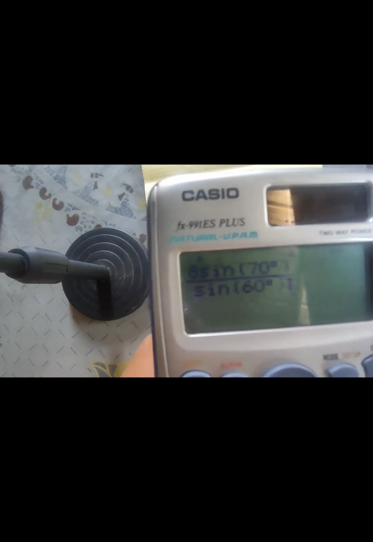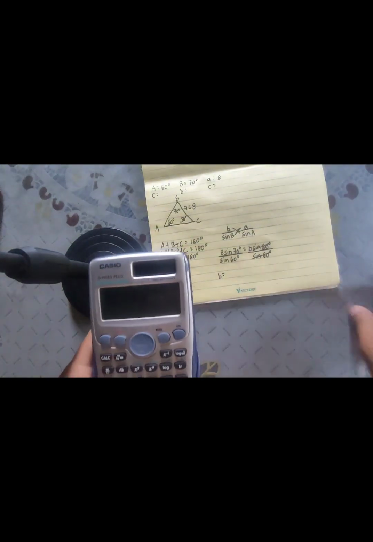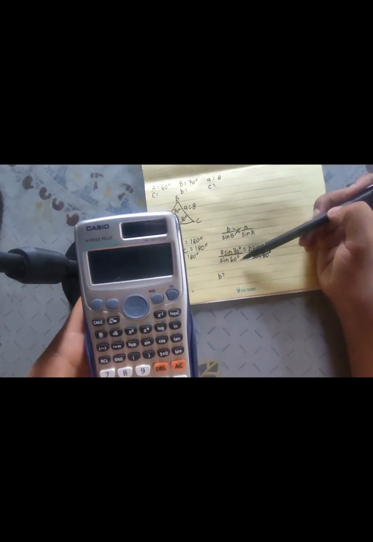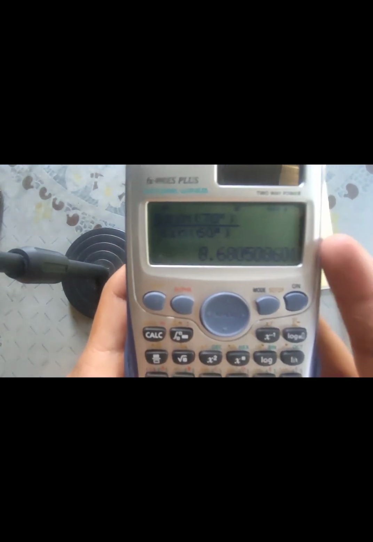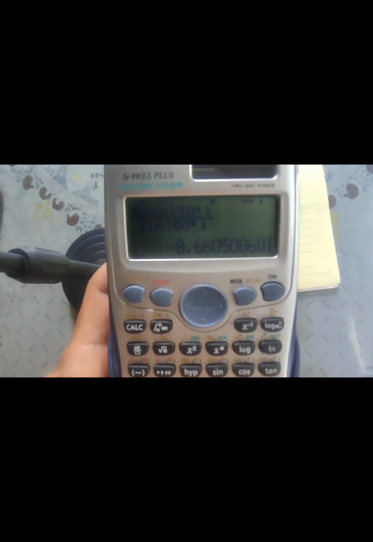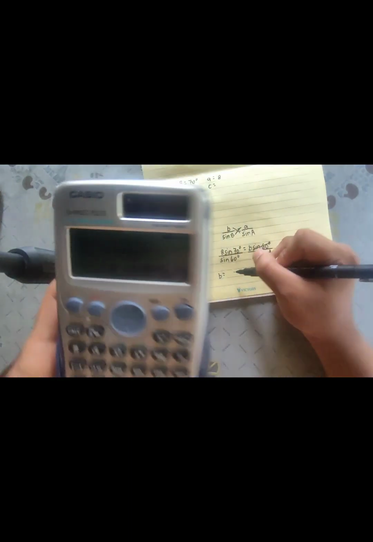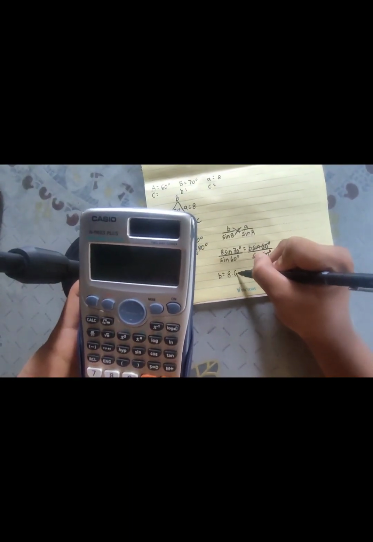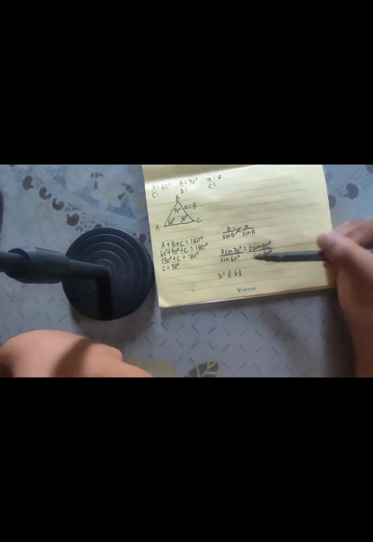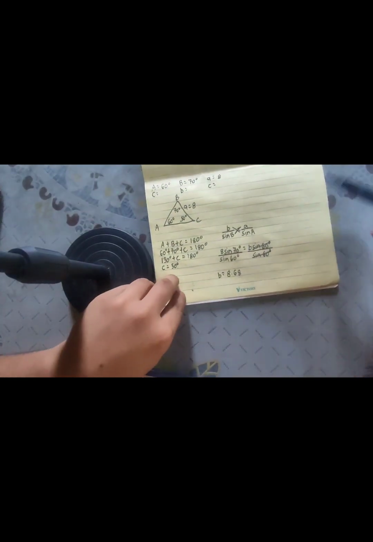So this is the equation you write in your calculator. You're just gonna press equals. So the answer is 8.68. We're just gonna use 2 decimal places. So here we get the value of side B, 8.68.